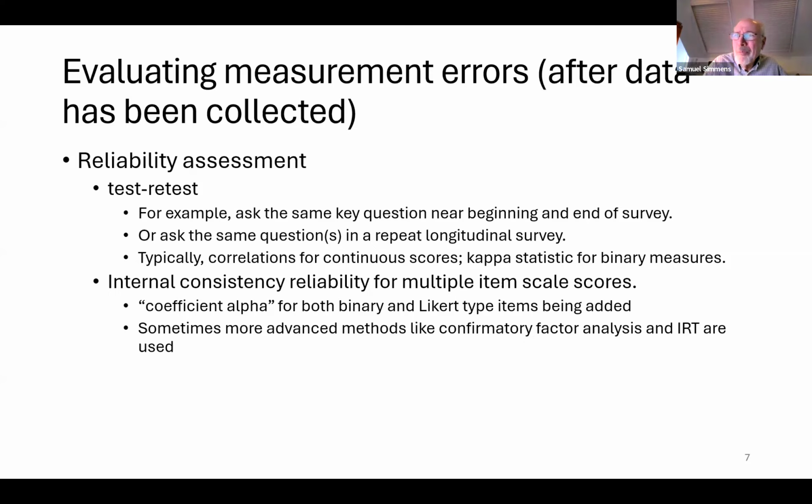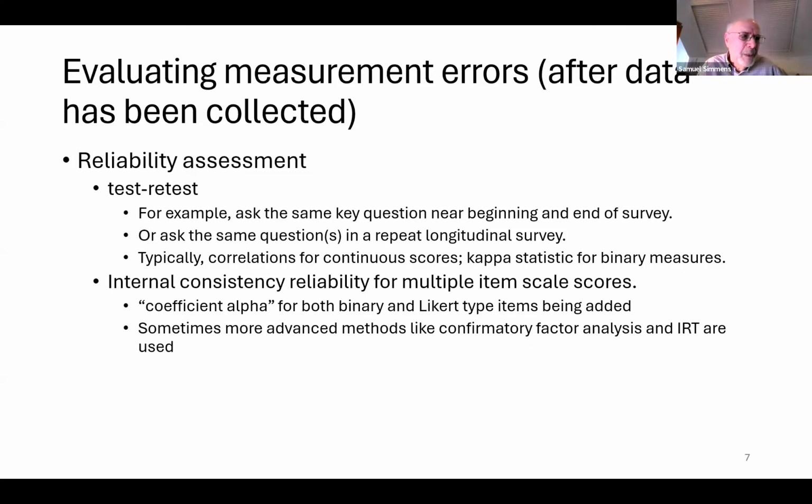The other very common type of reliability assessment is sometimes called internal consistency reliability. That's when you have multiple items that form some sort of scale. The most common of these statistics is called coefficient alpha. It's been around for probably about 50 or 60 years and is very widely used.